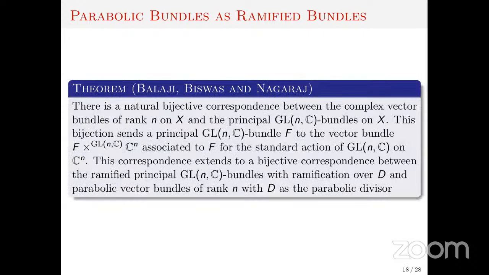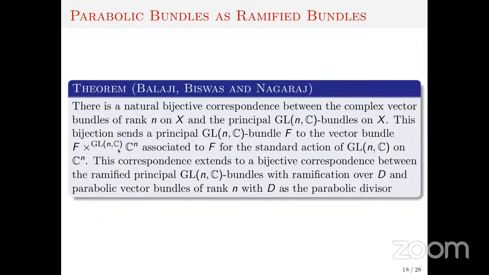And there is a correspondence between parabolic bundles and ramified bundles, which generalizes the known bijective correspondence between the complex vector bundles on X and the principal GL_N(C) bundles on X. So basically, this correspondence sends a principal GL_N(C) bundle F to the vector bundle given by the quotient of F cross C^n by the diagonal right action.